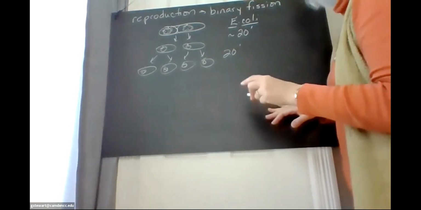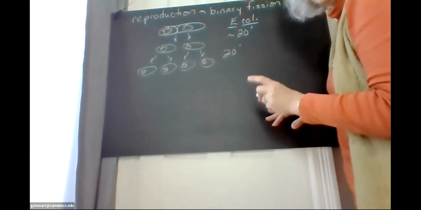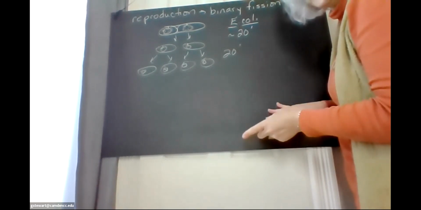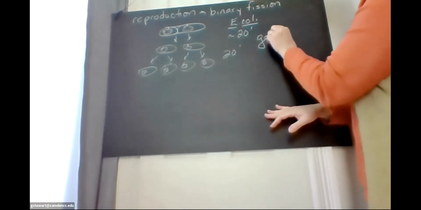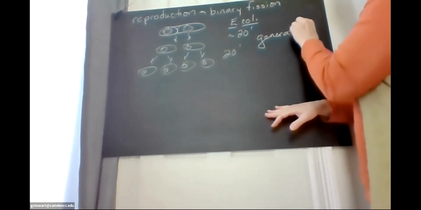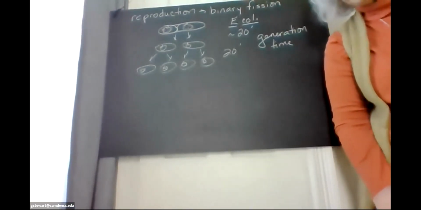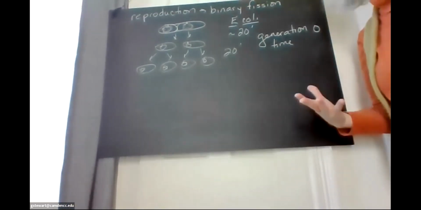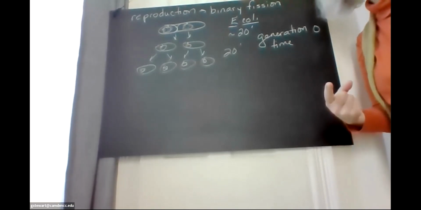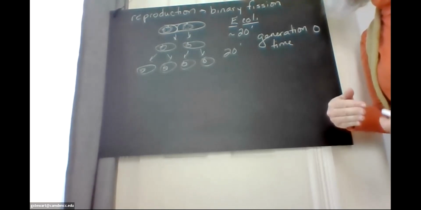We refer to the amount of time that it takes for the bacteria to go from being one cell to 2 cells, to doubling its number, as the generation time. And I need you to remember the generation time 0, we always start with some number of cells. It's either going to be 1 cell or 10 cells. And then every 20 minutes, that number doubles. Okay.